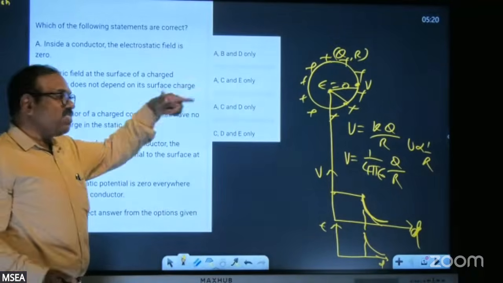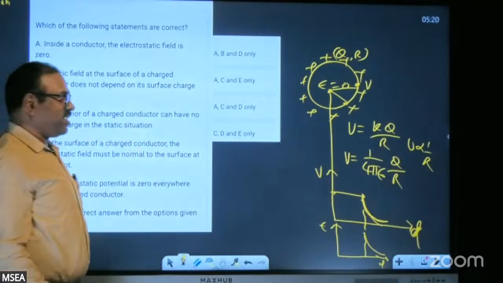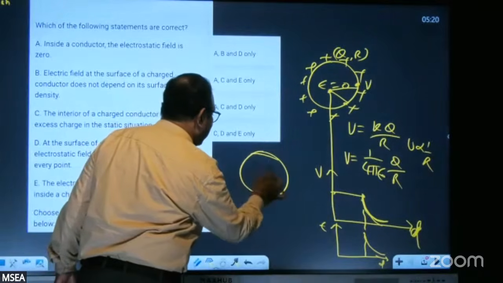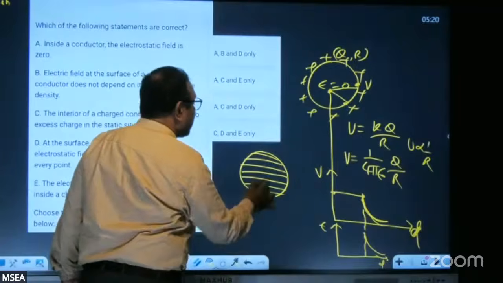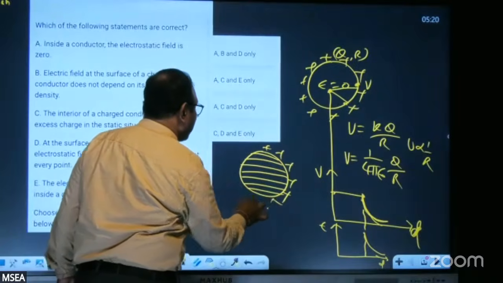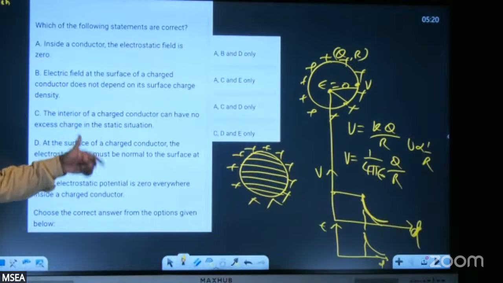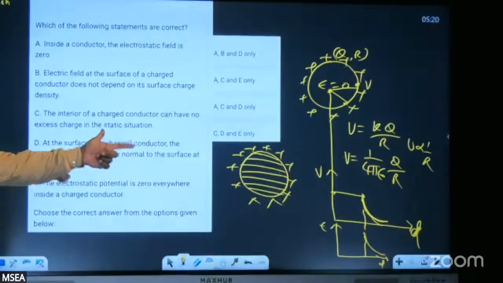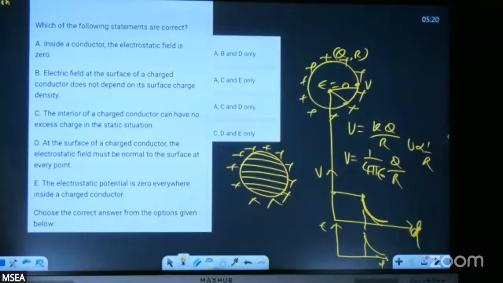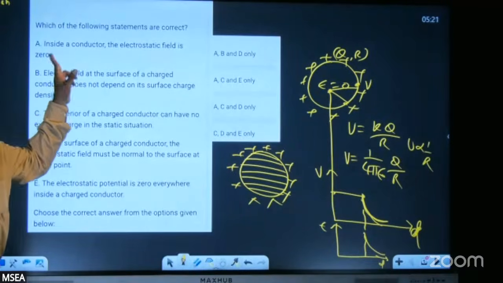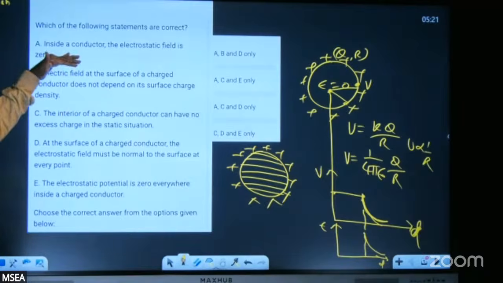So the same thing applies whether it is a spherical shell or a charged conducting sphere. So this first statement is correct. Inside a conductor the electric field is zero, it is right. And also we can say potential is constant from center to the surface; that you cannot take as zero.